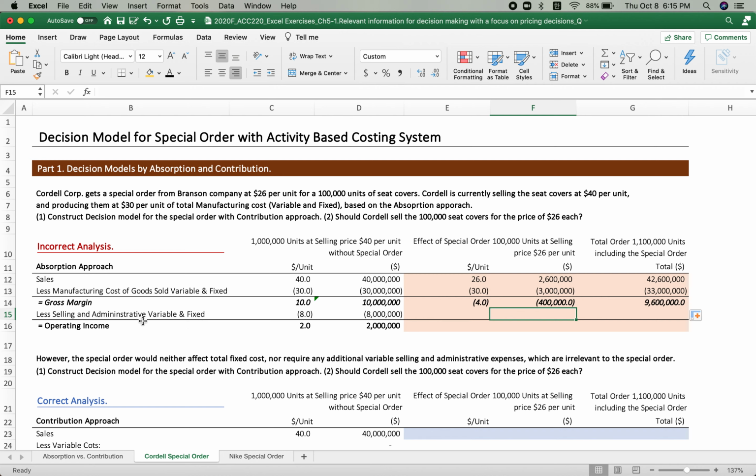And less, selling and administrative, variable and fixed, is not relevant under this information. So in operating income, we get the same result.